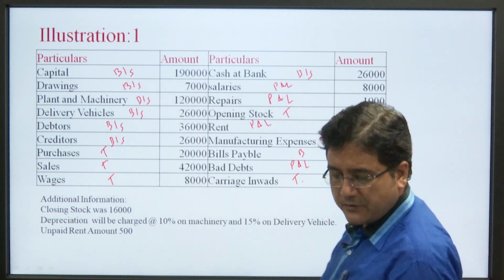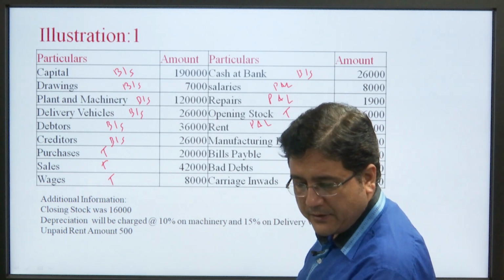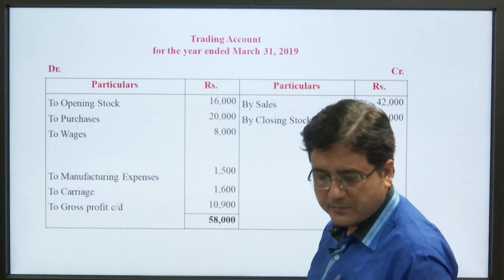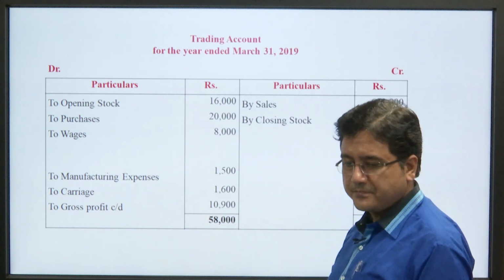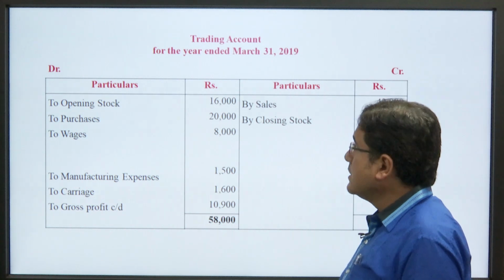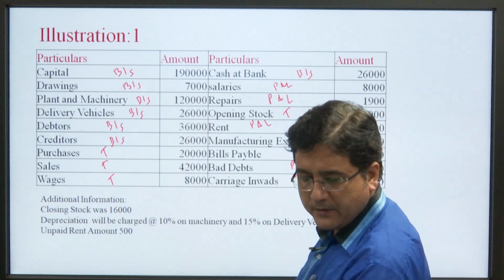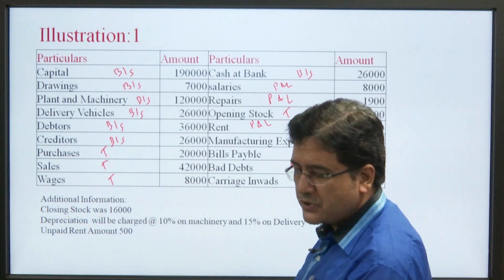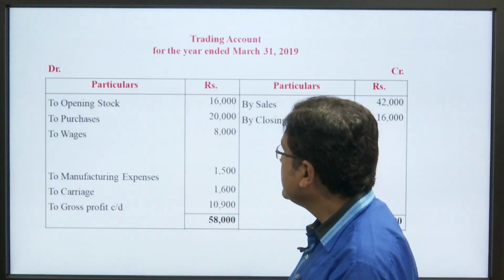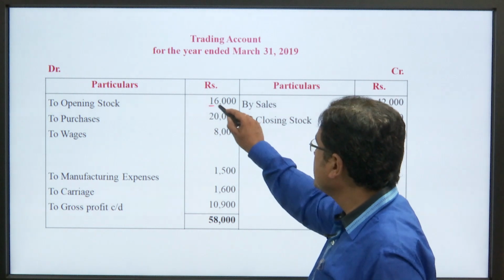After classification, we do the entries. So, here I did some entries. Opening stock, previously given, 16,000. Here we have 16,000 opening stock.